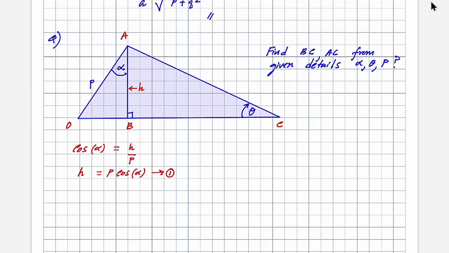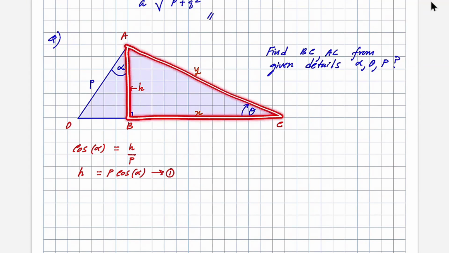Now, I'm going to take this guy to be y, this guy to be x for simplicity. Right? Now, what I have here, I have theta, I have h now. I need to find this guy and x. Now, if you use your common sense, it will tell you this is a right angle triangle.